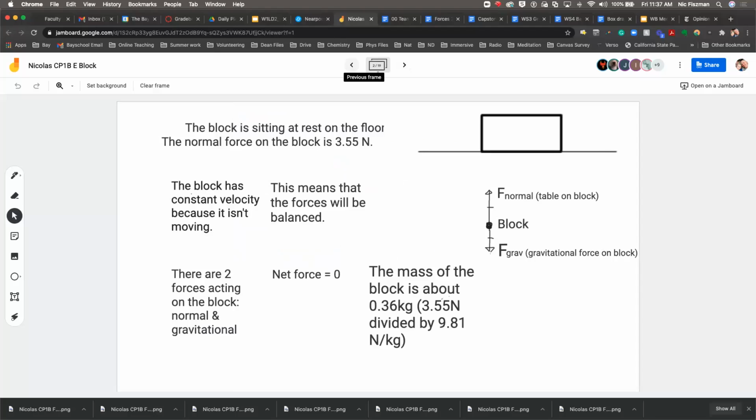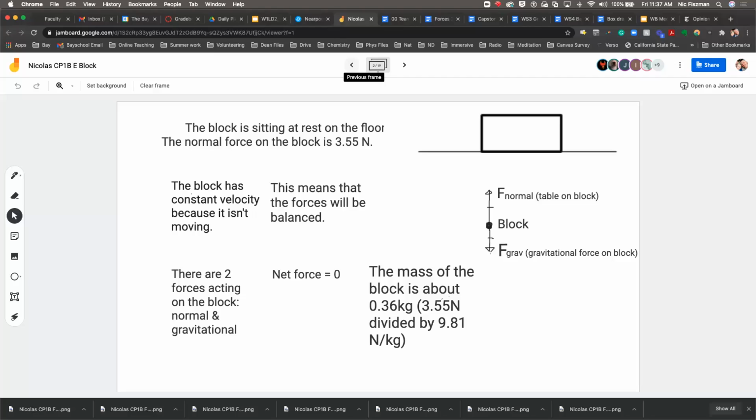Room 2, you had a slightly different problem. Who wants to talk to us about room 2? That's Elliot. I can talk about it. So we thought that the block had constant velocity. It's not moving, and this also means that the forces will be balanced, which then also means that the net force is 0 because nothing's happening.